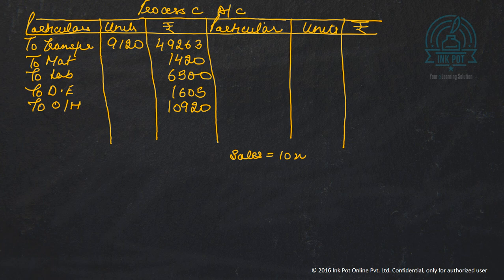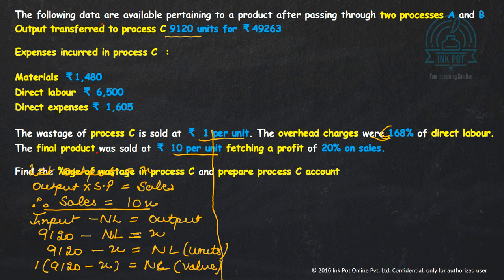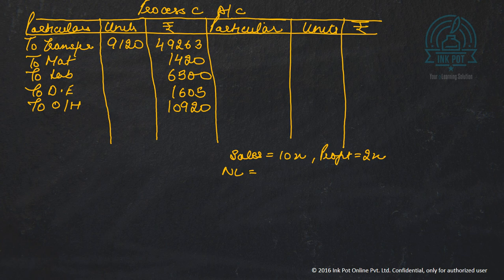We have profit of 20% on sales, so the value of profit is equal to 2x. Now the value of normal loss is 9120 minus x into 1, so it will give us 9120 minus x.